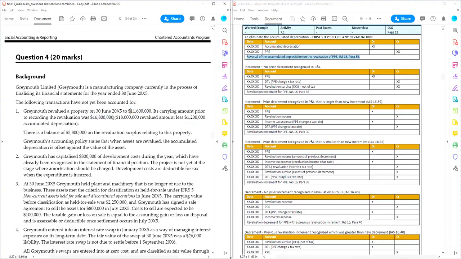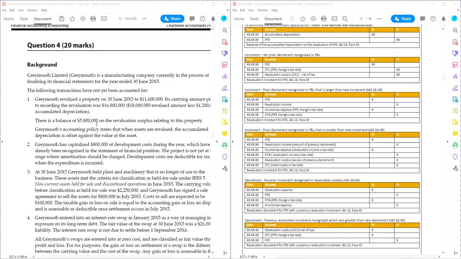That means the previous decrement was a reduction of value of $5.2 million. So what we're trying to journal is that we're revaluing the property from 16.8 to 11.6, which means that we want to devalue it $5.2 million.